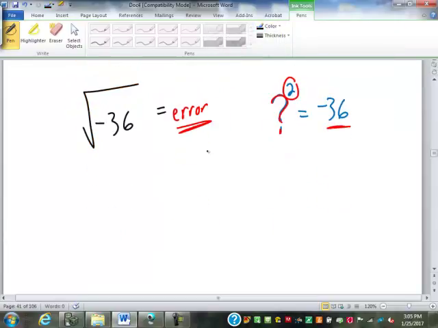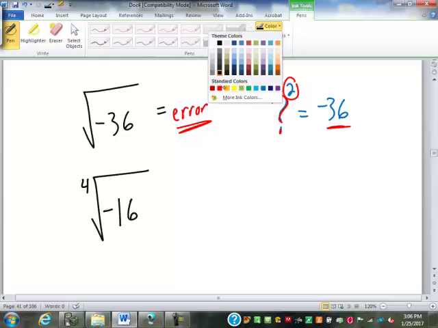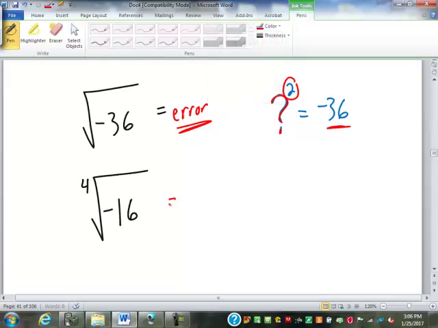For the same reason, we cannot do the fourth root of a negative 16. Because that's an even root, we cannot do the even root of a negative number. We can only do negative numbers with odd roots, not even roots.